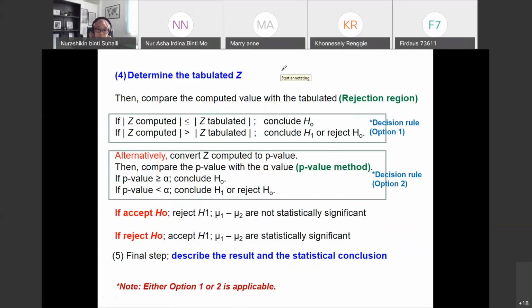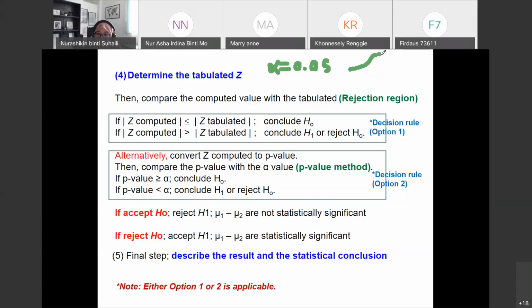The significance value, which is alpha, from the second step earlier. If alpha is equal to 0.05, it means that it actually denotes the tail area, isn't it?